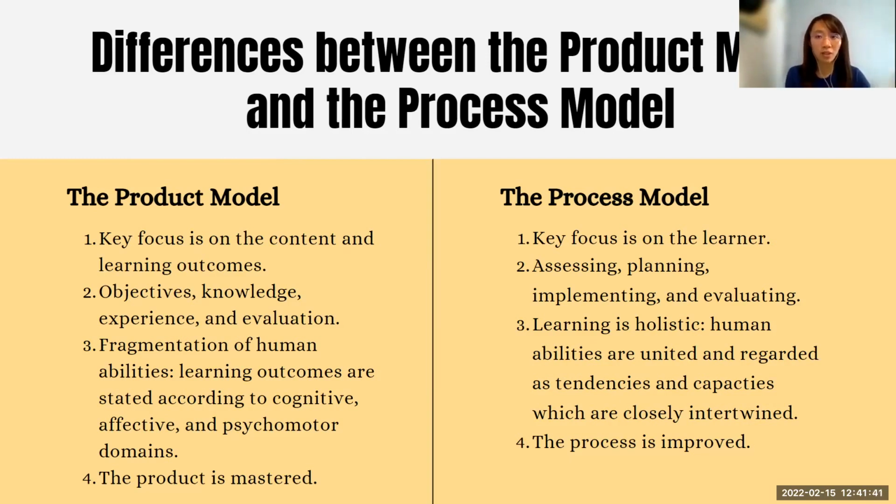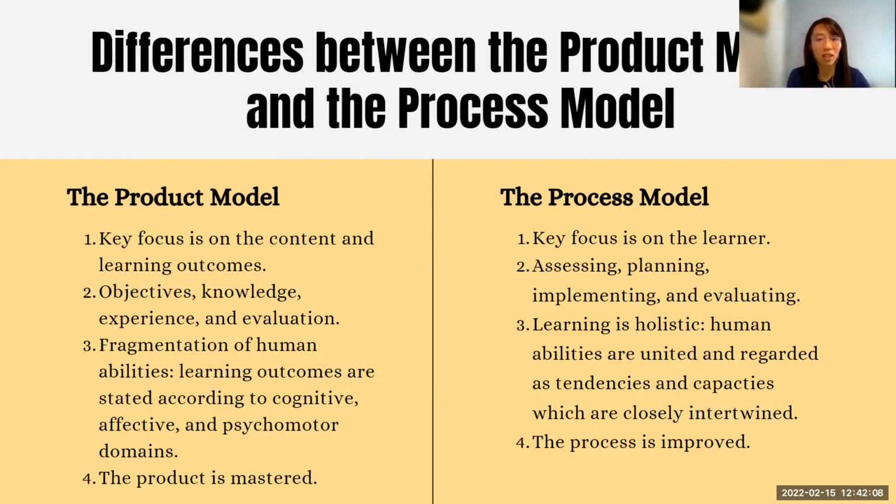Whereas for the process model, assessing and planning are all processes. They cover a span of time where you spend time planning out what you are going to do, and while you are planning, that is where you learn. So the product model focuses on objectives and identifiable things, but the process model is on the process.